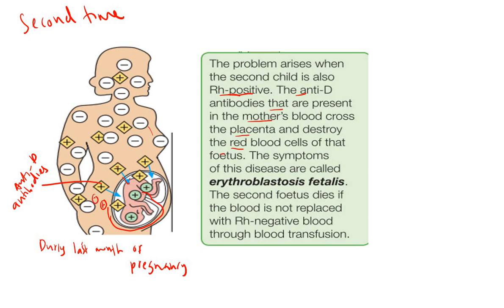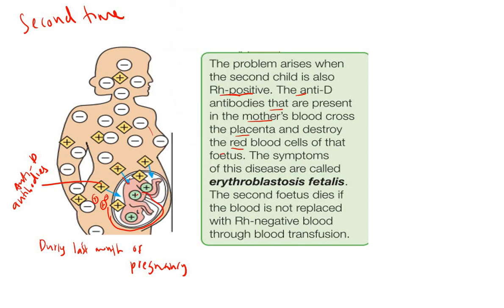At this time, the mother already has this anti-D antibody, so the antibodies will cross directly to the fetal blood circulatory system and destroy the red blood cells of the fetus.